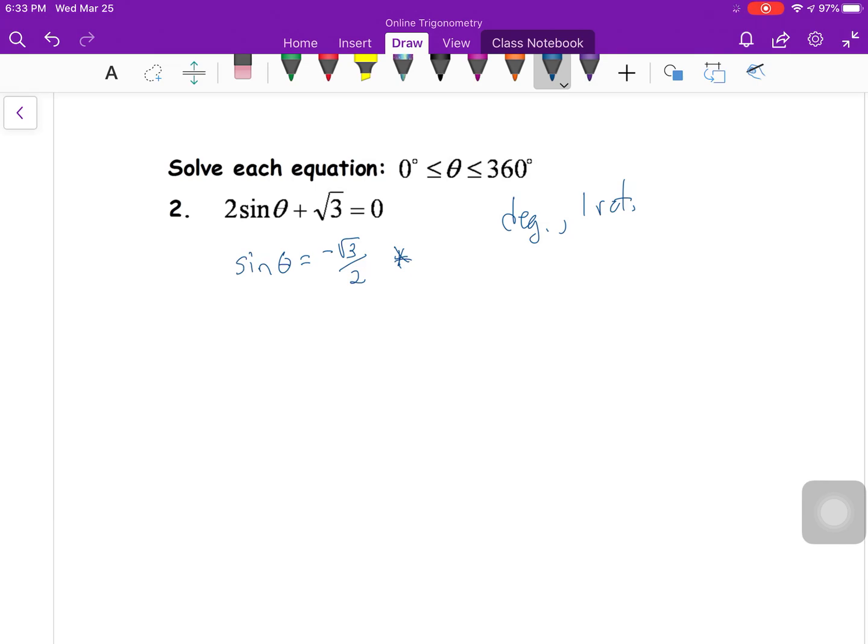Then you have to decide, is it a reference angle or is it quadrantal? This one again is a reference angle. So we don't consider the negative. We're looking for an angle in degrees where the sine is square root of 3 over 2. That one is 60 degrees.